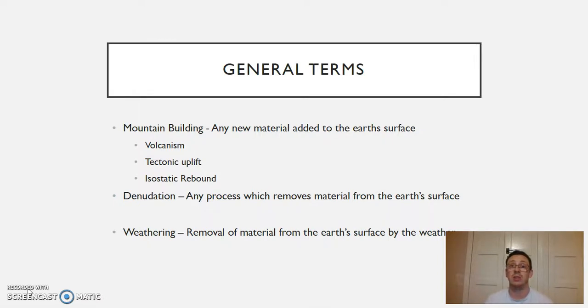Isostatic rebound is when we get a bounce back in the Earth's crust because we release a load that was on the crust. In the context that we're looking at in the UK, we're talking about the removal of glacial load. If we go back 10, 11,000 years, that was the end of the last glacial period that the UK was subject to, and a huge amount of glacial ice, a kilometre plus thickness of ice, was removed from the northern part of the UK.